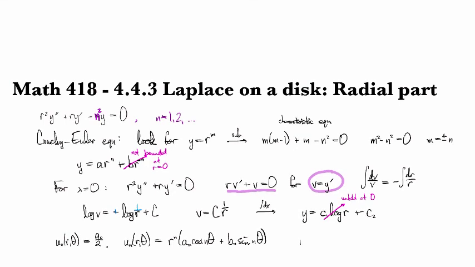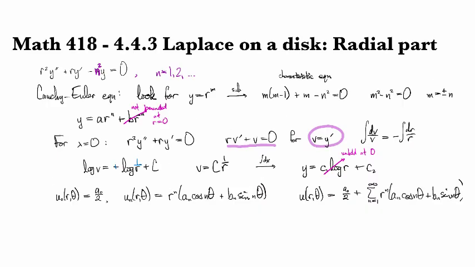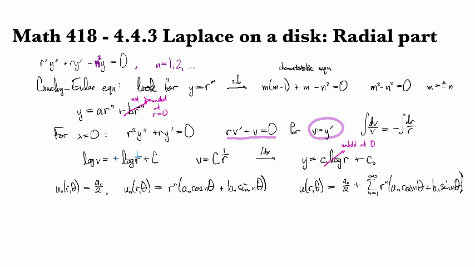We can use superposition to throw all these things together, and we have the sum n equals 1 to infinity of r to the n times (a_n cosine n theta plus b_n sine n theta).